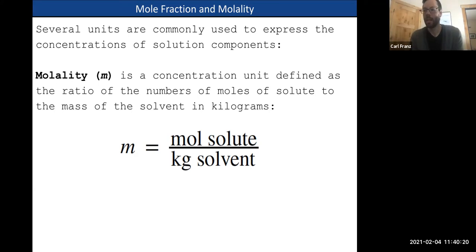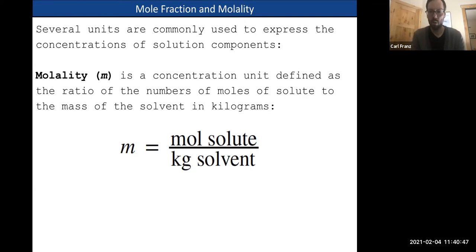Molality tends to be more appropriate in this case, okay, when we're talking about colligative properties, because they're mole-based. It doesn't matter what the temperature is, okay? So in this case, molality is the moles of solute over the kilograms of solvent.